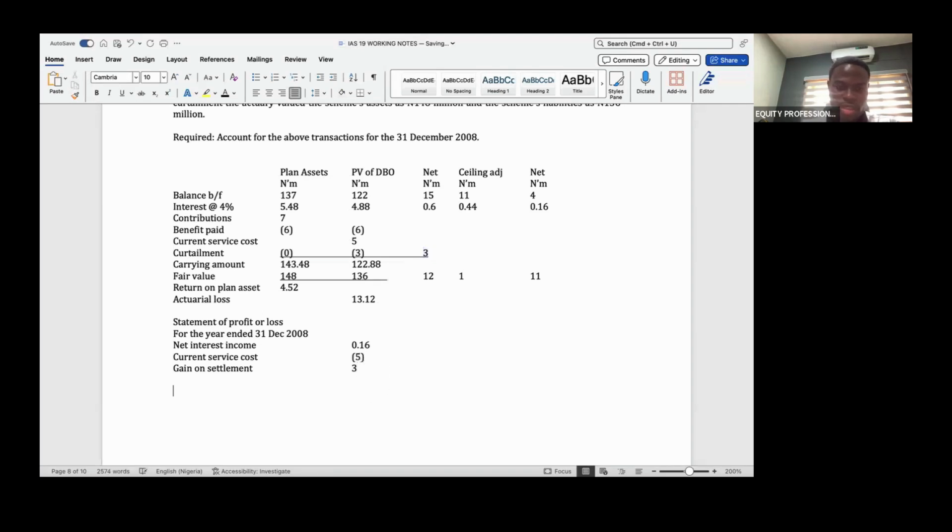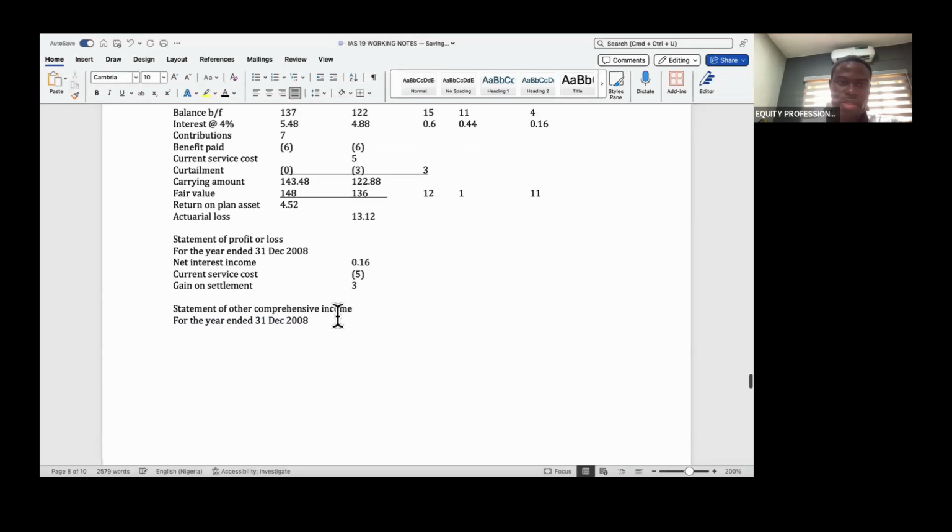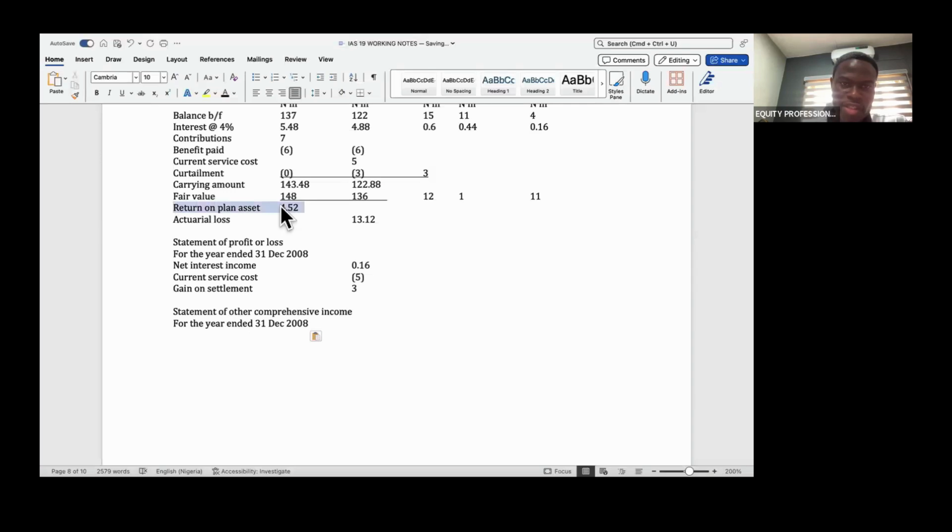And my statement of other comprehensive income for the year ended 2008, I will have my return on plan assets 4.52.